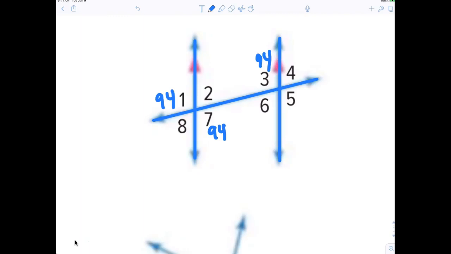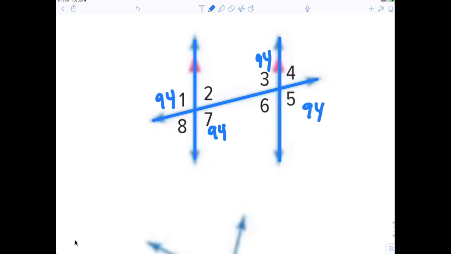And then 5 is vertical, or it's corresponding, or it's alternate exterior. And then what's true about 1 and 2? They are supplementary. They form a linear pair. Linear pair just means two angles add up to 180 degrees.